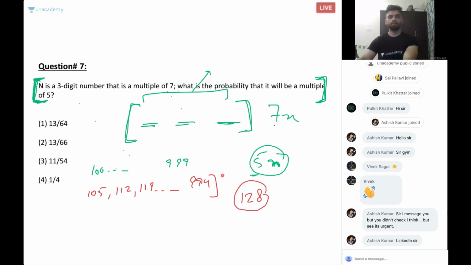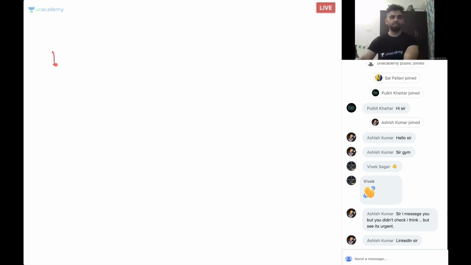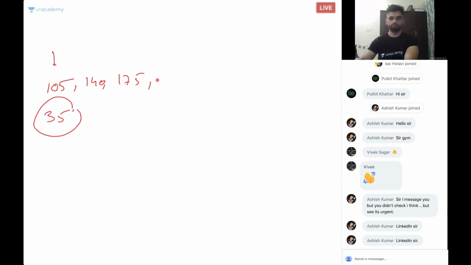Okay. Now, out of these numbers, we have to find out which are the multiples of 5. That means numbers that are multiples of 35. Simple. Got it, Ashish? I don't know, probably I missed it out.